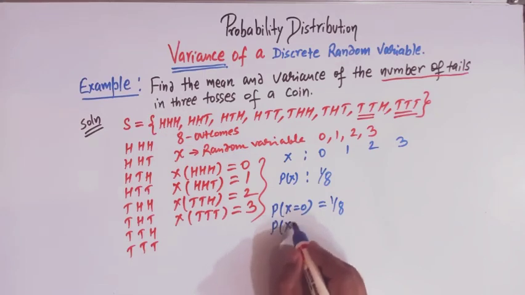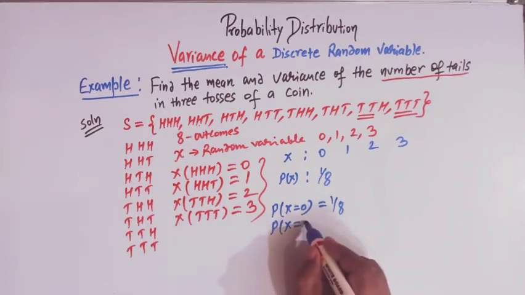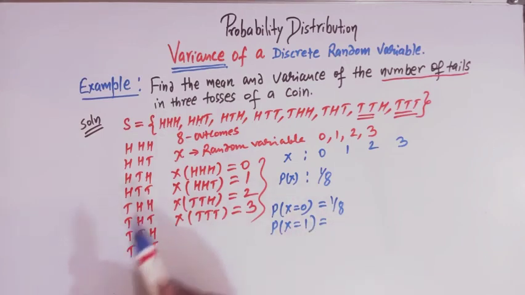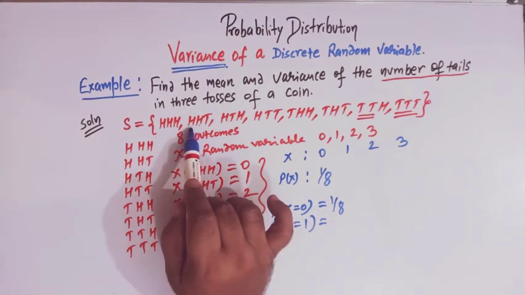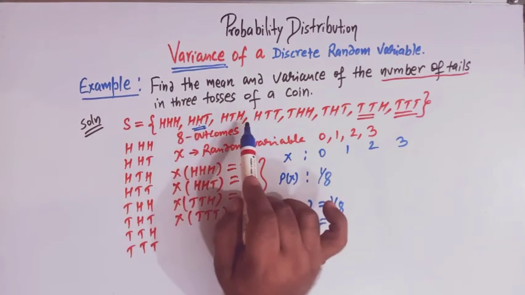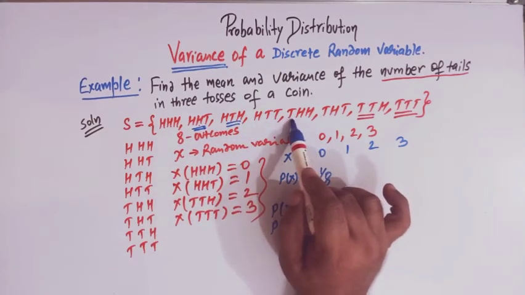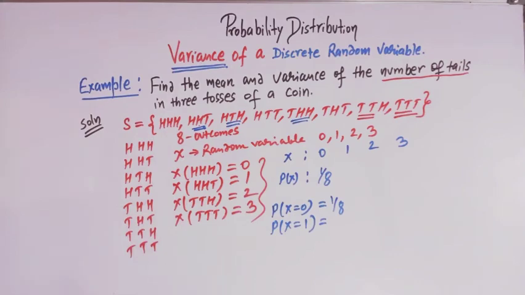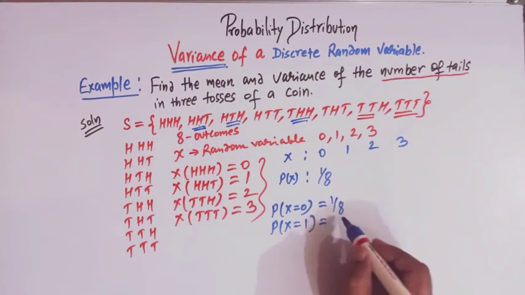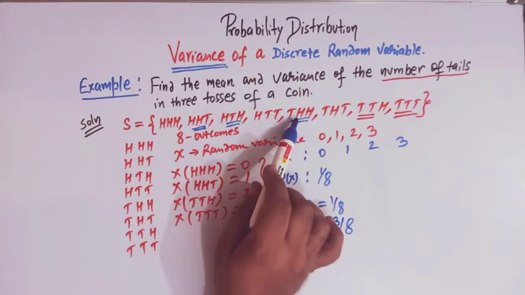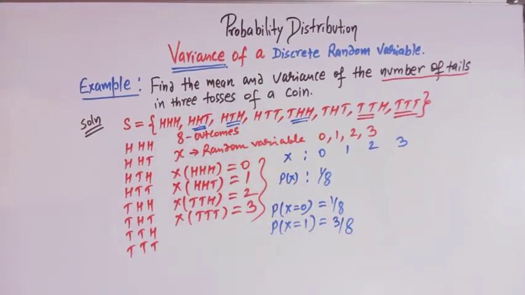Similarly, for x equal to 1, it means the probability of getting one tail, right? So one tail can be obtained in this event, then in this event, and then in this event, right? So the probability is 3 by 8 because the favorable outcomes are 3, 1, 2 and 3. Clear?